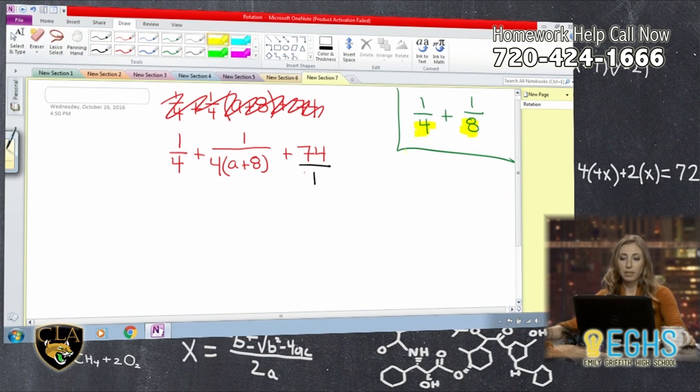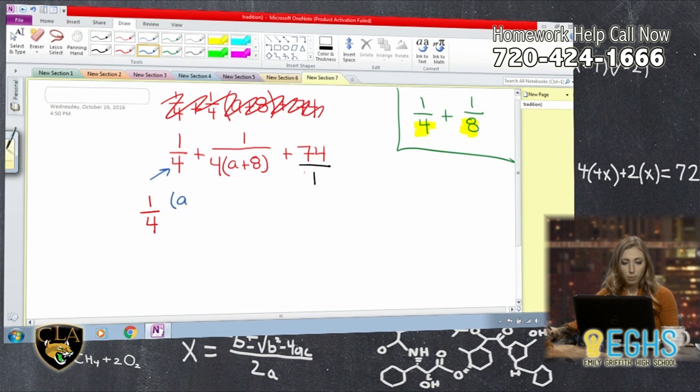To get common denominators, one of the strategies is to factor your denominators and then find out what each denominator is missing. What you might notice is that our first denominator is missing this a plus 8. One of the moves we can do with fractions is multiply a fraction by something over itself, because that's like multiplying by 1.